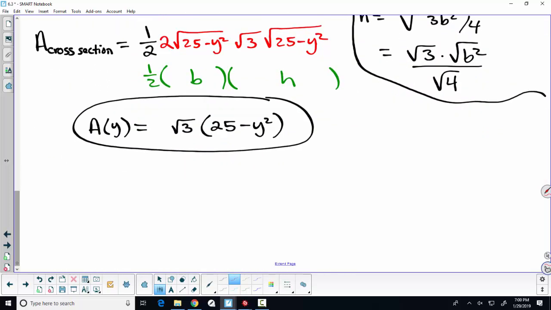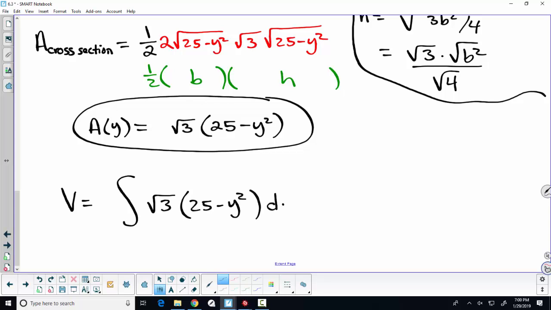Honestly, that's the vast majority of the work in these problems: constructing that area function. So when we say the volume is the area function, let's just write that, times thickness, and we sum all of that up.